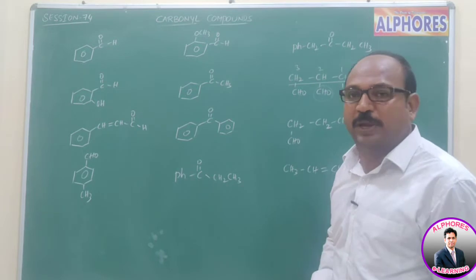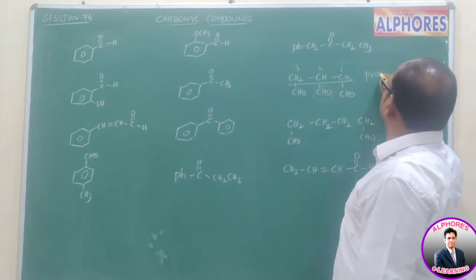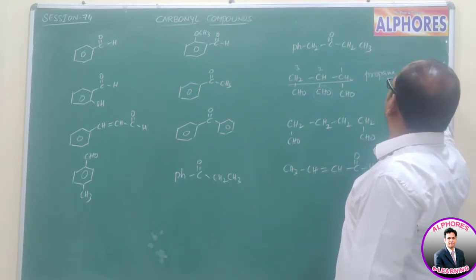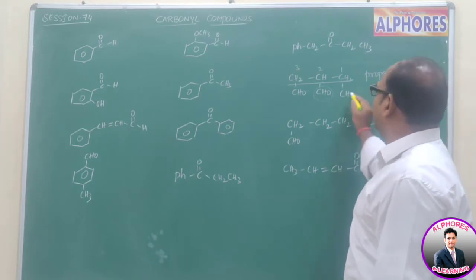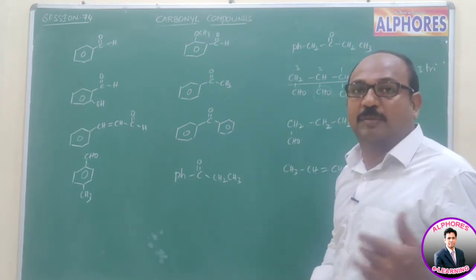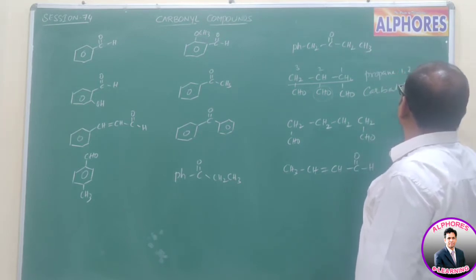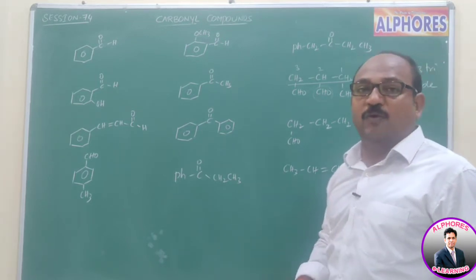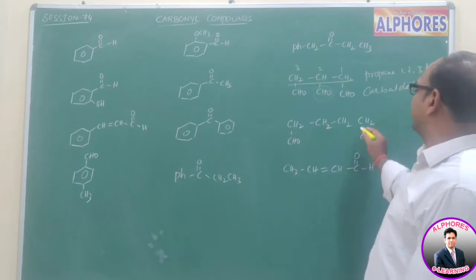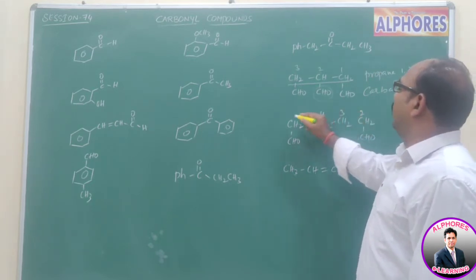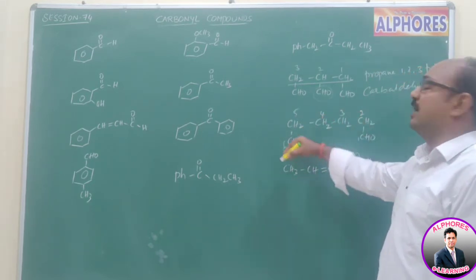So it is propane 1, 2, 3 tri, these are all carbaldehyde. Propane-1,2,3-tricarbaldehyde. In this other case, we can include these carbons in the long chain.